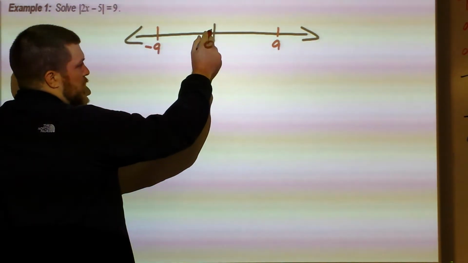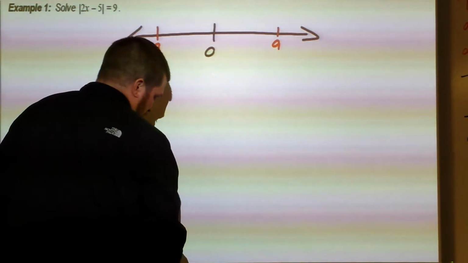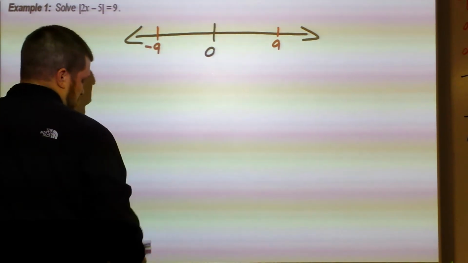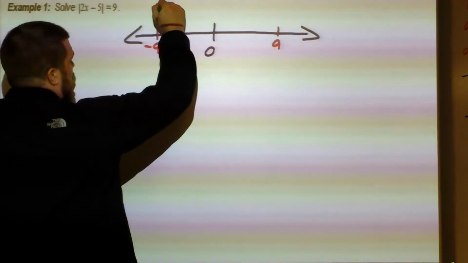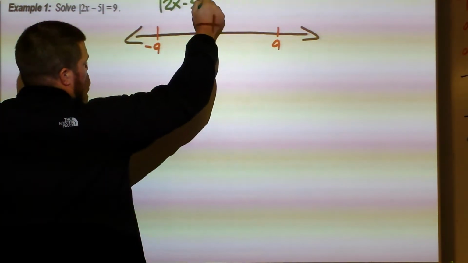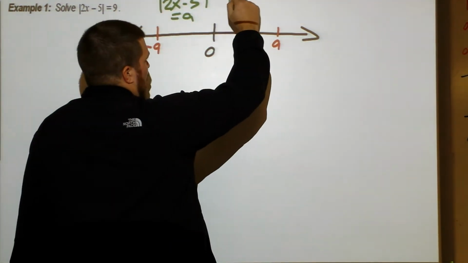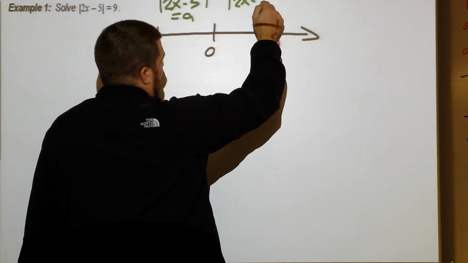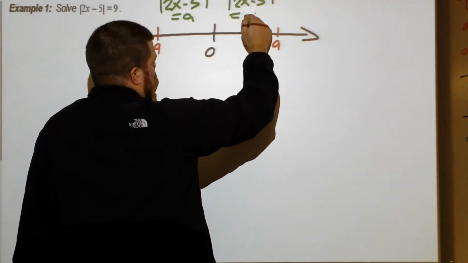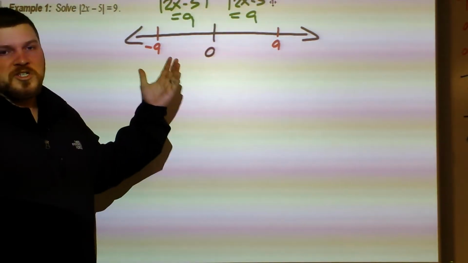Either way, from this point here, this is my absolute value, 2x minus 5. I've traveled 9 units. My absolute value, 2x minus 5. I've traveled 9 units.